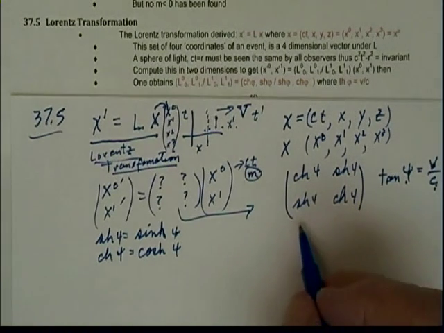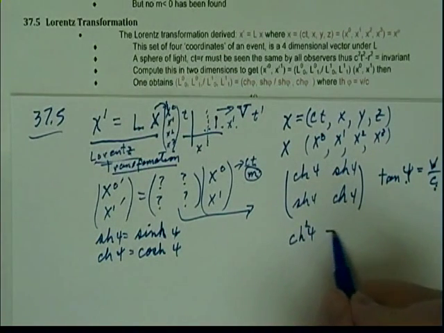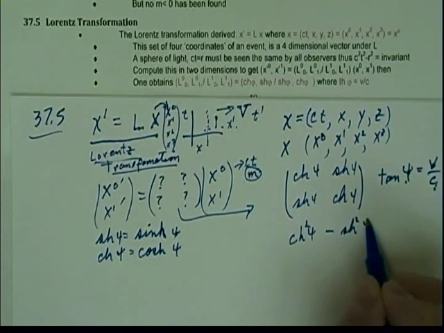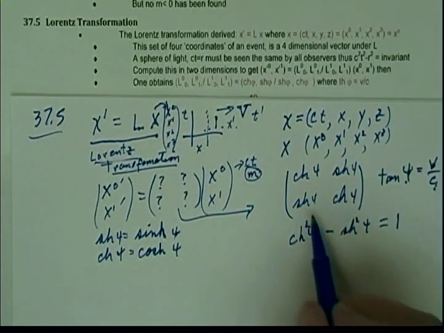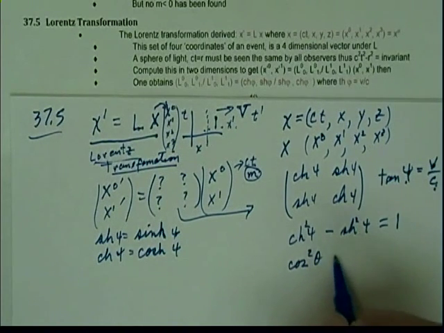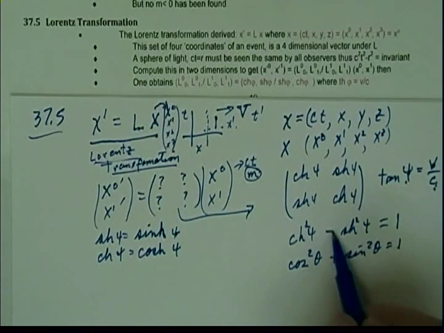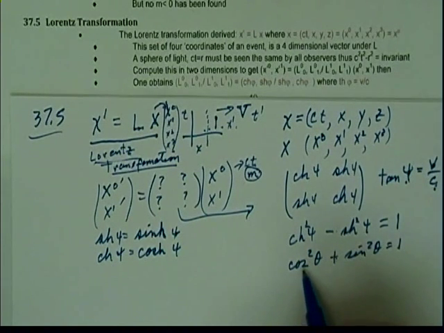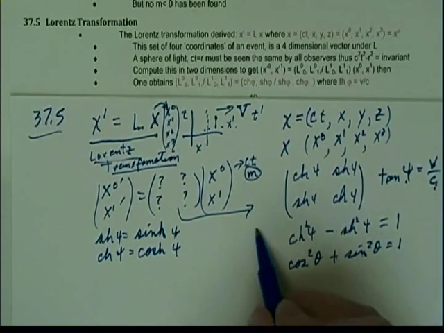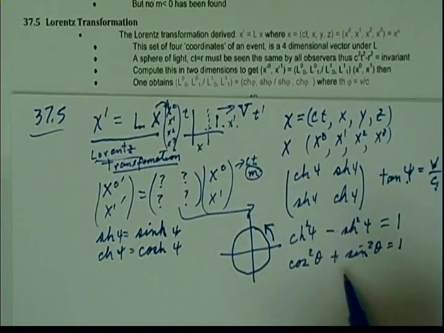And you'll recall, if you remember your hyperbolic functions, that ch squared psi minus sh squared psi is equal to 1. But for regular functions, the cosine squared of theta plus the sine squared of theta is equal to 1. So this difference in sign makes the difference between regular trigonometric functions, which relate to a circle, as I'm rotating around in a circle.